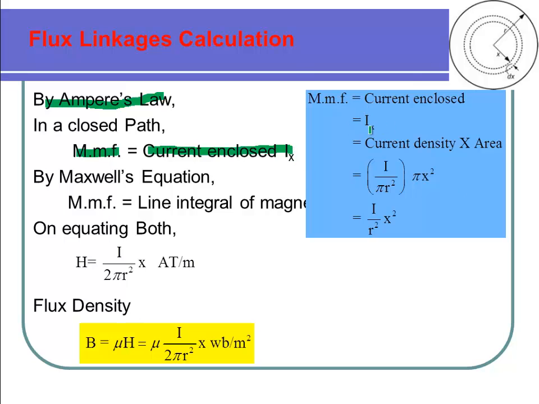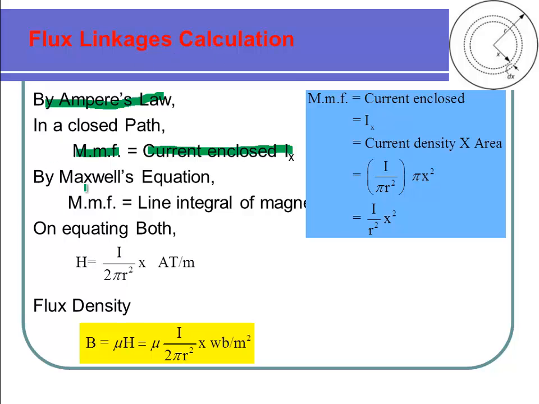So MMF equals Ix, that is current density into area. The current density is I by pi r square, into pi x square. Simplifying, we get I by r square into x square. This is by Ampere's law.